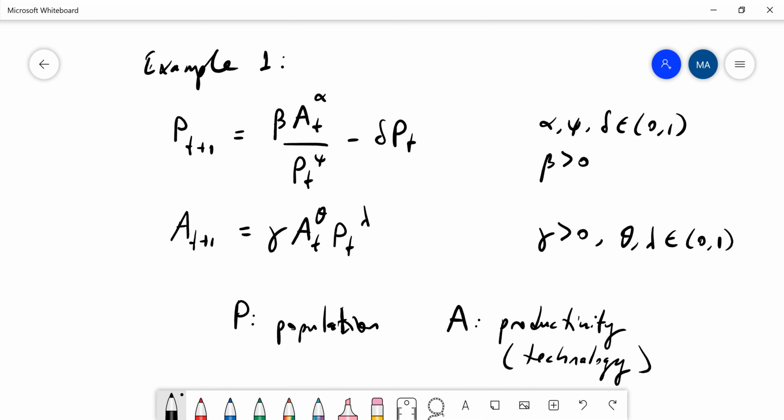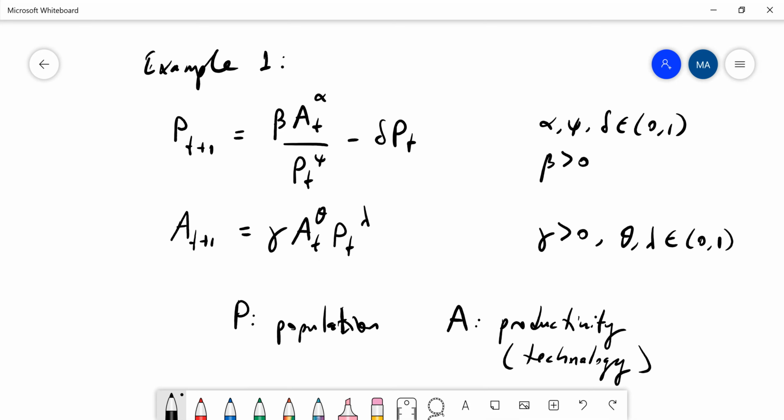So what do we have here? Well, delta is the death rate, because there's a population existing at period t, so a fraction delta of these people die. And then there's also a birth function. So this is the total number of births.